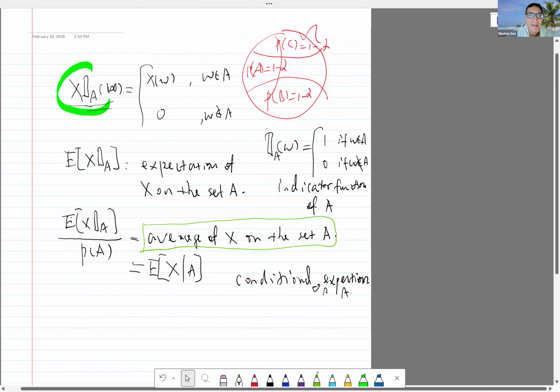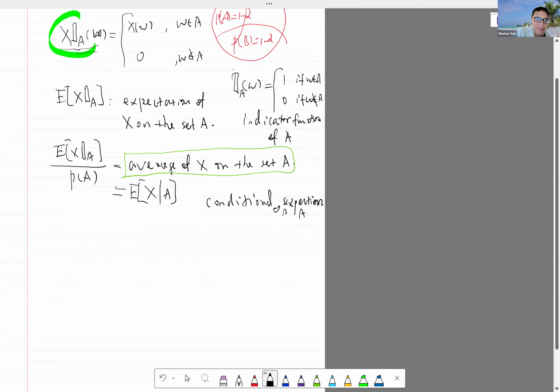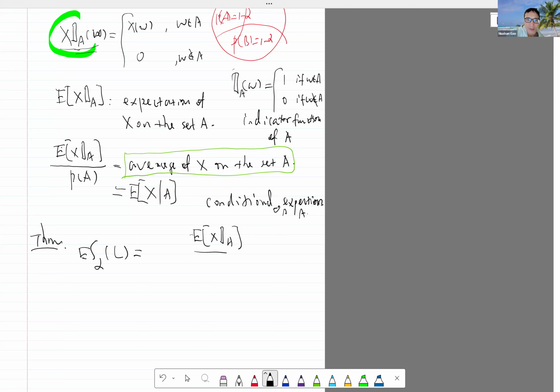So now the thing is that I can find many sets with probability 1 minus alpha. I claim this theorem. Expected shortfall alpha of L is just, we consider a lot of sets with probability 1 minus alpha. I consider the maximum of this. So what does this mean?